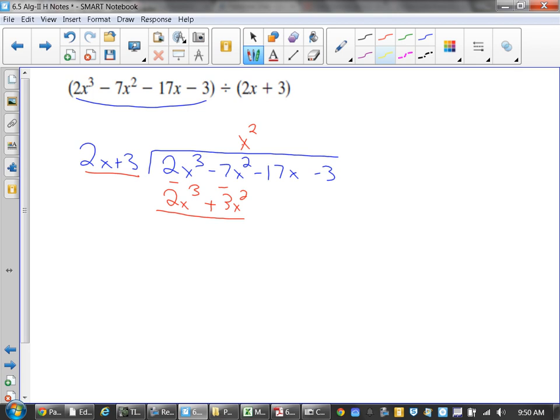Negative 7 minus 3. X squared times this. So I get negative 10x squared, right? Wait, why isn't it? Negative 7 minus 3.